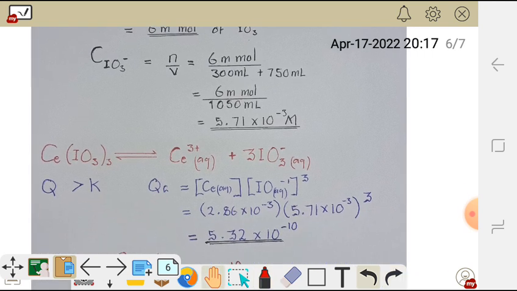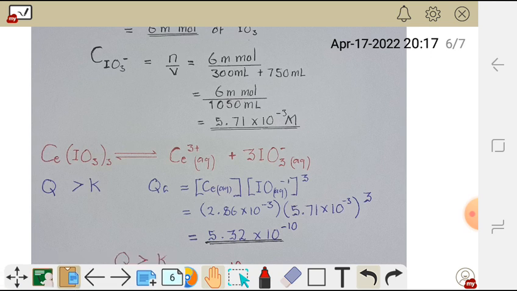To calculate the QC, we simply replace the concentrations. We have already calculated them, so we replace in this formula: QC equals the concentration of cerium multiplied by the concentration of iodate raised to the stoichiometric coefficient, which is 3.